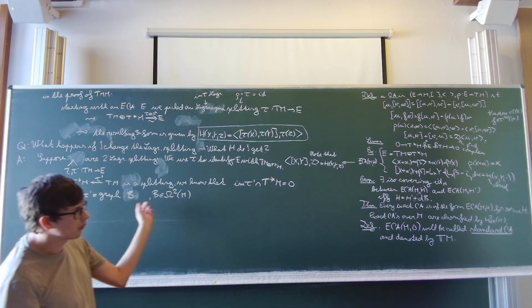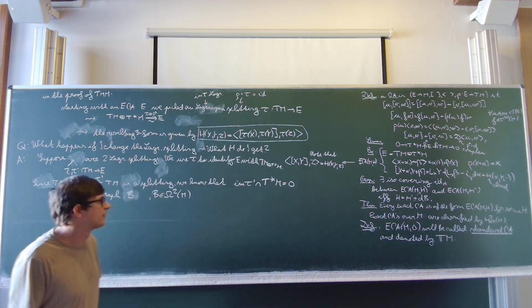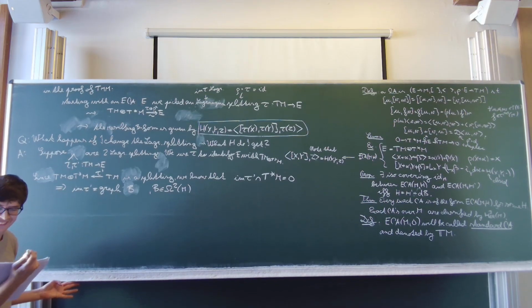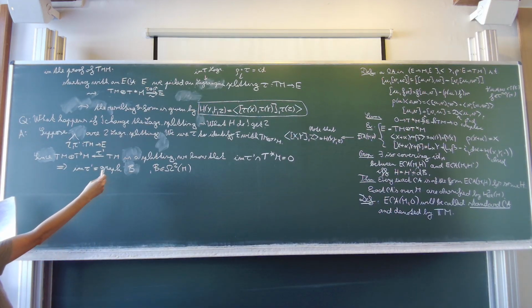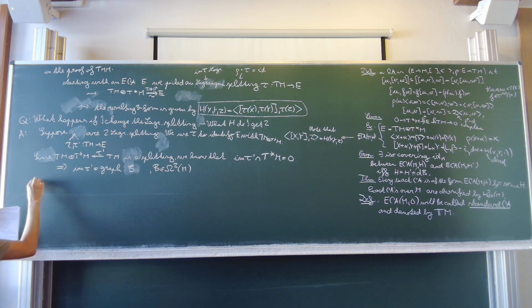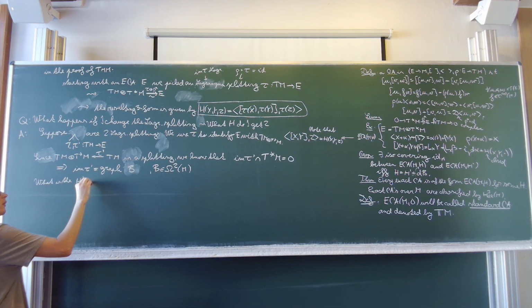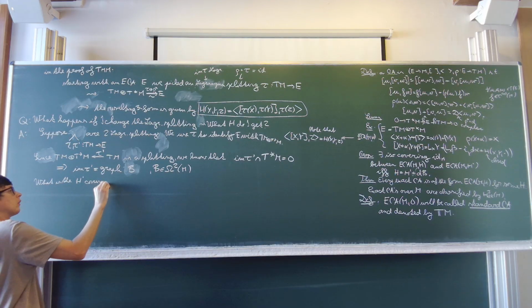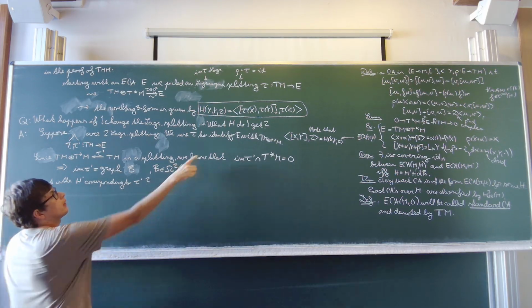So now we already have a candidate for what this two form might be. I will call it the same letter. But let's check now. So how do we check? What is the three form H? We call it H prime, corresponding to tau prime. Well, I use that formula.